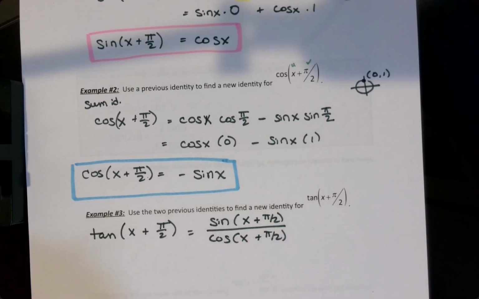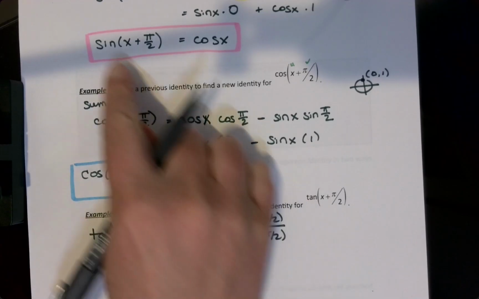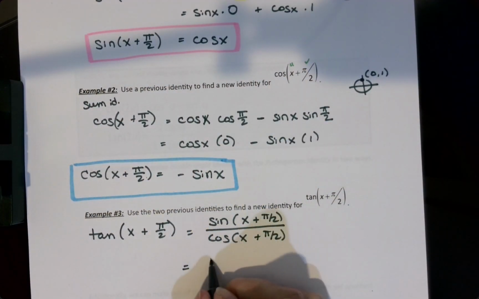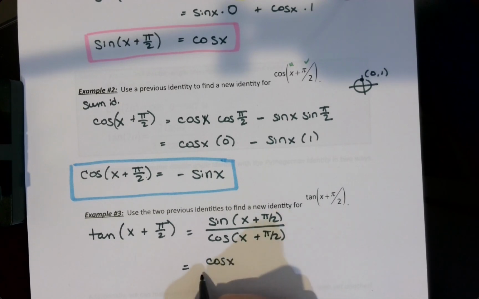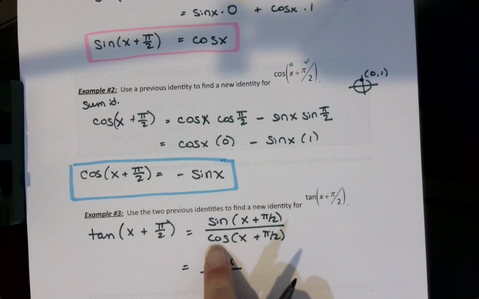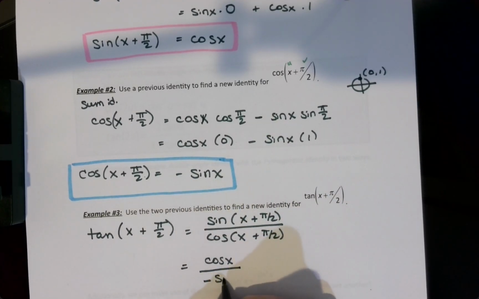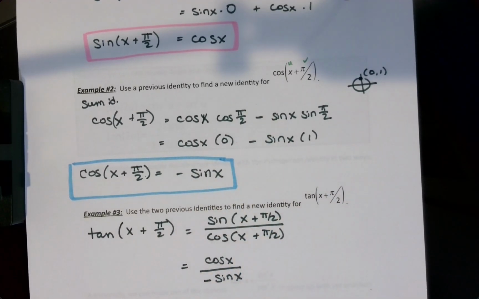That's one of my basic identities. And I know from example 1 that the sine of x plus pi halves is equal to cosine of x, and the cosine of x plus pi halves is equal to negative sine of x.